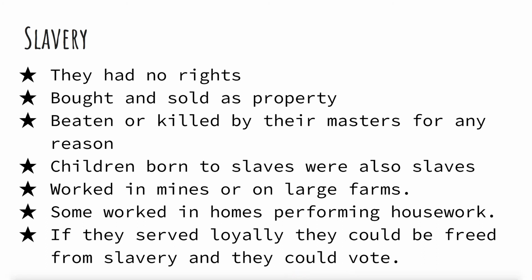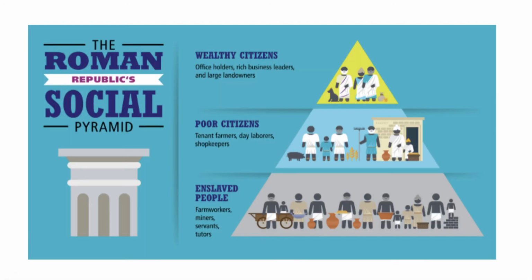And here is the social pyramid. As you can see, the lowest section was enslaved people. That included farm workers, miners, servants, and tutors. Tutors are people that would help kids with their schoolwork.